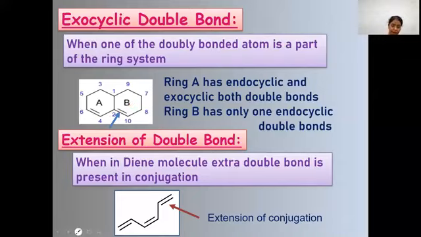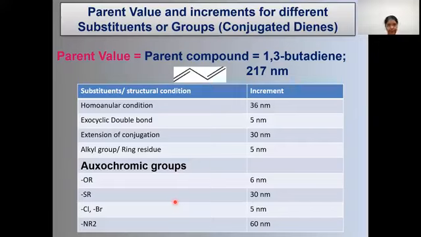As you can see here, up to this carbon, this is the parent molecule, diene, and after that this double bond is in the conjugation with these two double bonds or the present diene system. So one of the double bond will be considered as extension of conjugation.